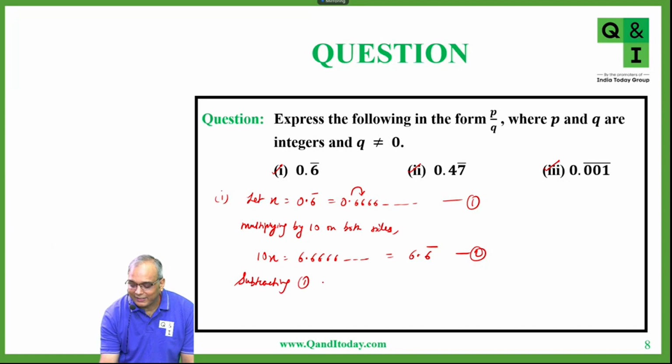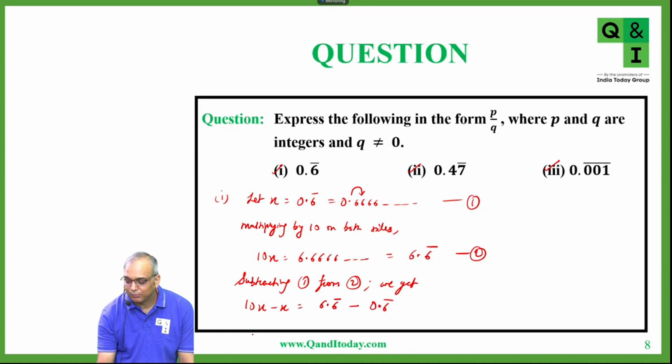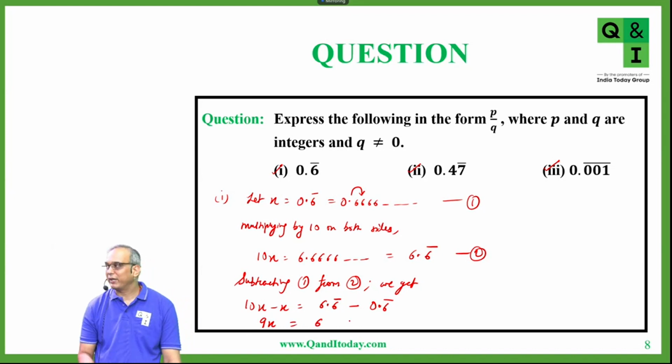Now subtracting equation 1 from equation 2, we get 10x minus x is 6.6 bar minus 0.6 bar. So this is 9x is equal to 6, right? Because 0.6 bar gets cancelled.